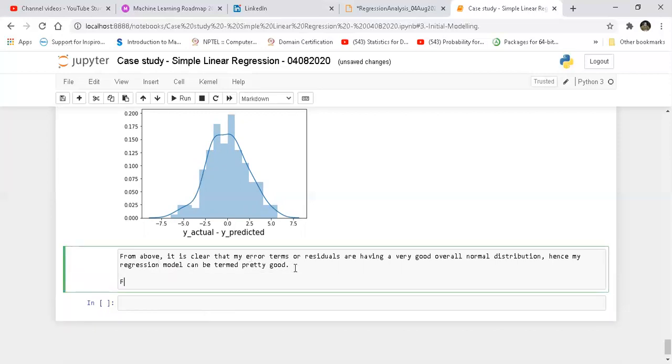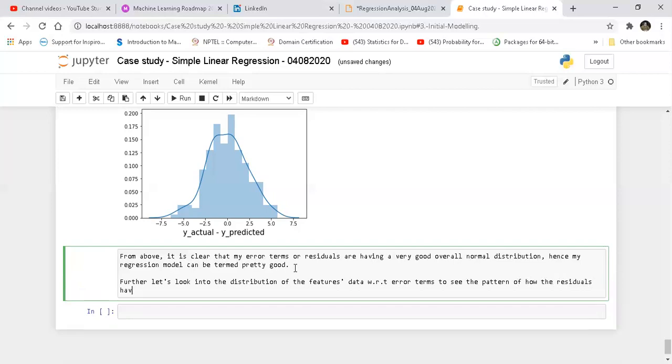So further, let's look into the distribution of the error terms with respect to the X data or the features data, to see the pattern of how the residuals have come into existence.